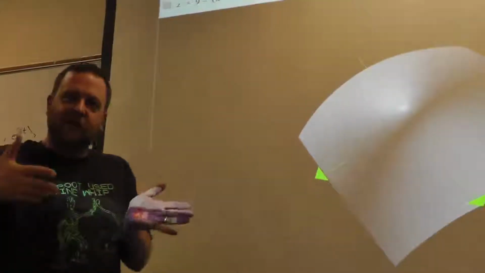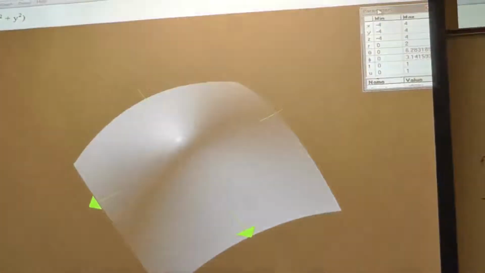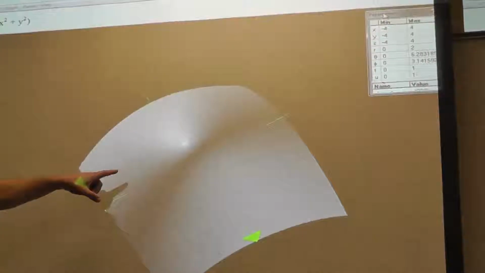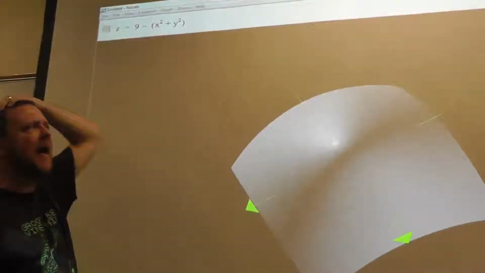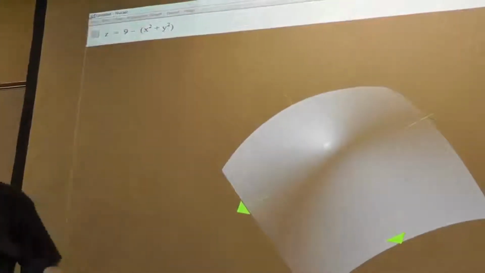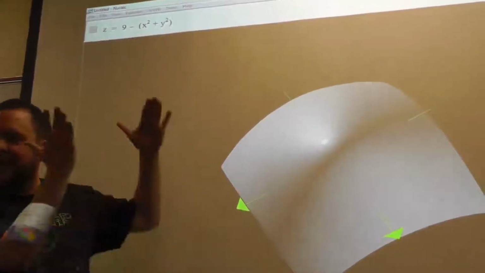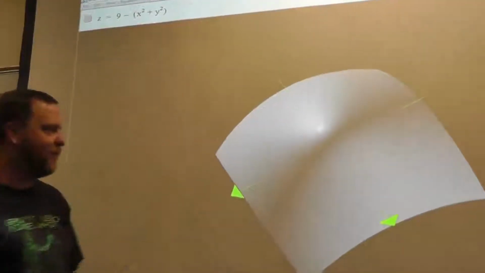The y values are -4 to 4, and the z values in this window are from -4 to 4. So apparently we're seeing more z's than we actually should, because that should have a z-axis intercept of 9. That's kind of peculiar that it actually shows me this. But that's the reason you're seeing that sort of square cut, is because it's cutting it with x equals -4 to 4 and y equals -4 to 4.